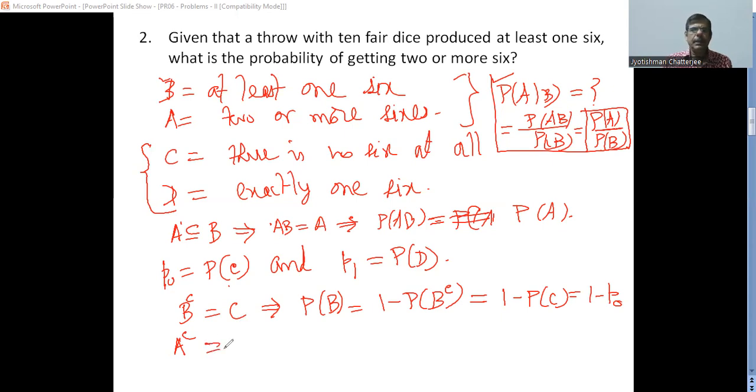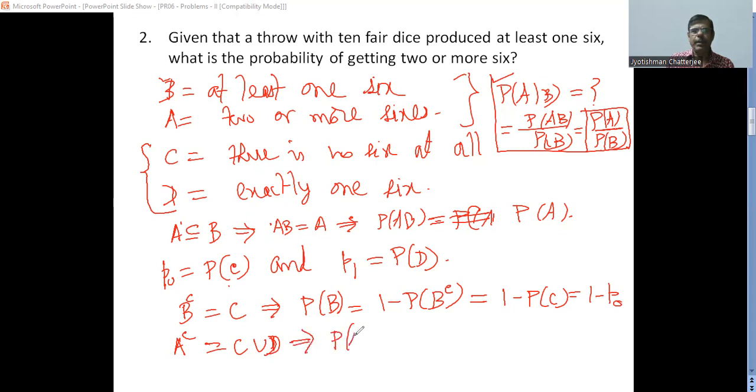That means this is equal to C union D. C will take care of that part that there is no 6 at all, and D will take care of that part that is exactly one 6. That's why A complement is nothing but C union D. And C and D, these two events are mutually exclusive. That's quite clear.